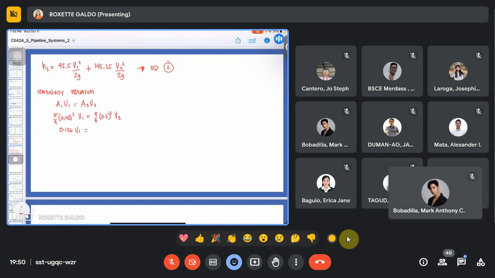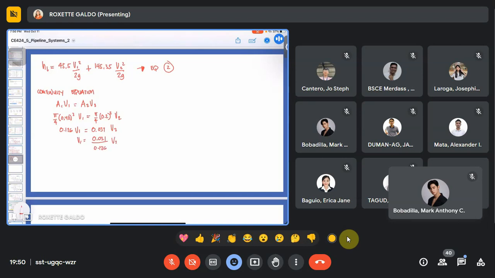And pi over 4 times 0.2 squared? 0.031 V2.